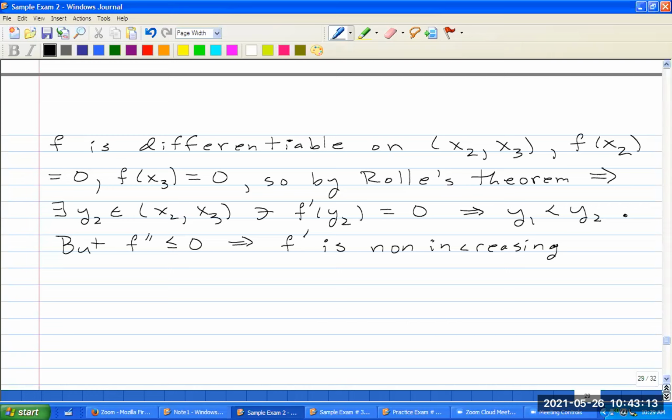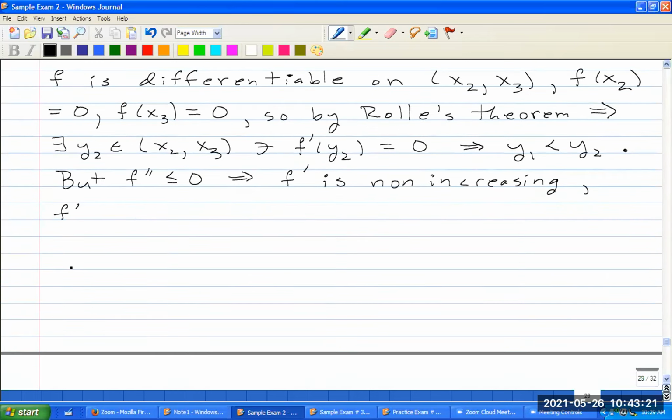But f prime at y1 is 0. Well, maybe I'll just say this. That f prime at y1 is the same as f prime at y2.